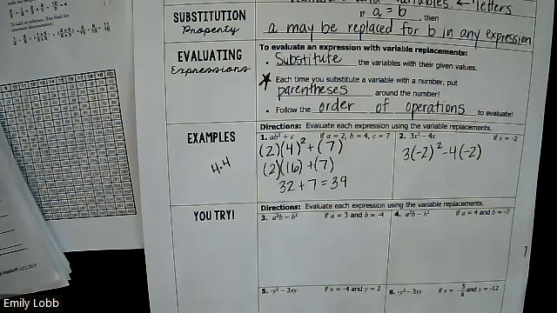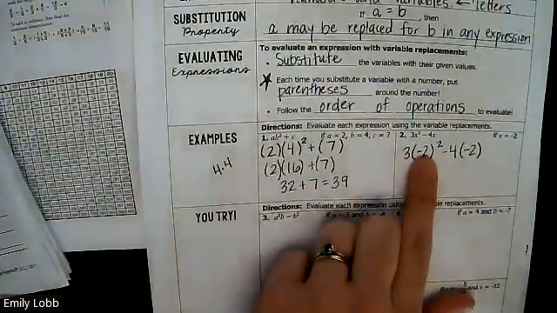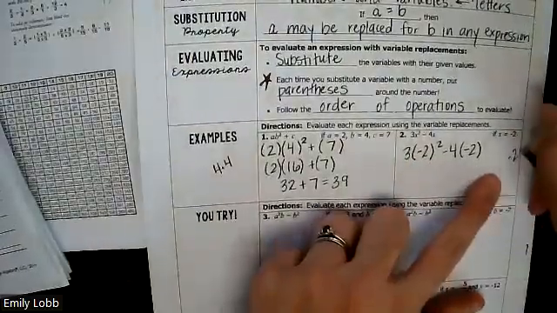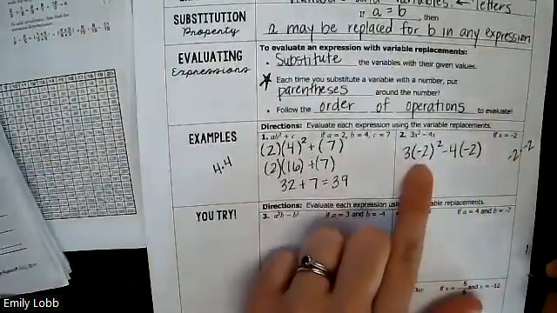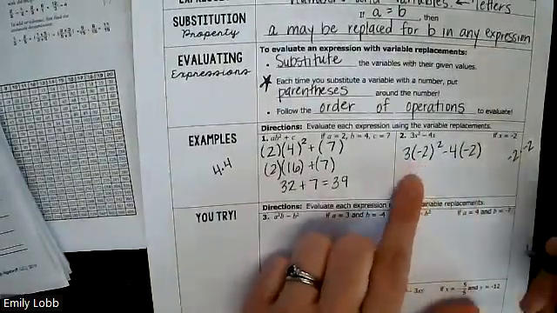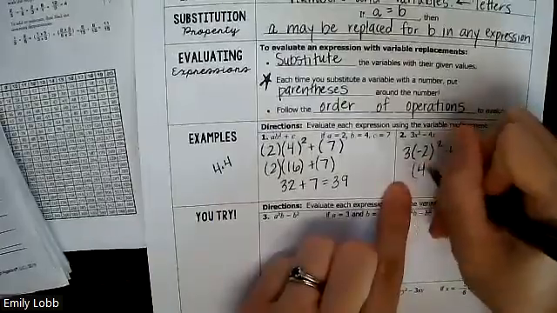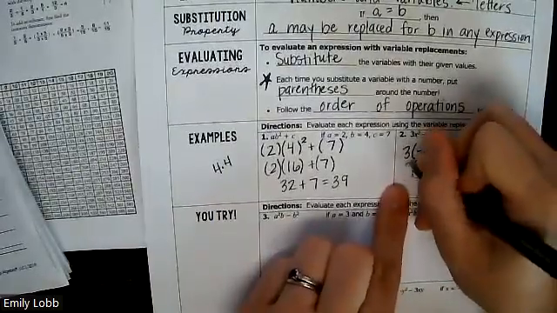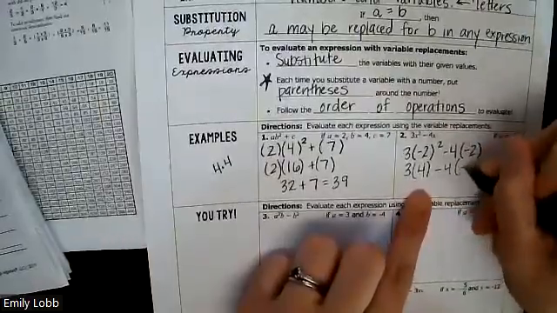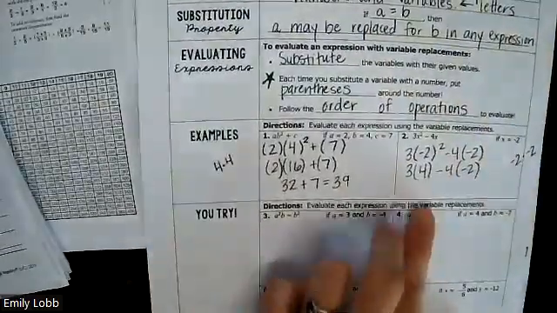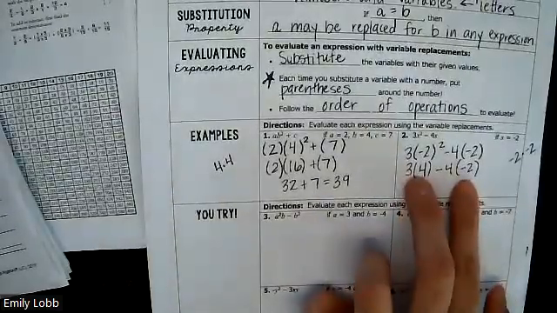What do I do first? -2 times itself, right? Because I have to deal with my exponent. So what's -2 times -2? Just 4. Yep. When our signs are the same, we find the sum. All right, so now we have 2 multiplications that we need to take care of.